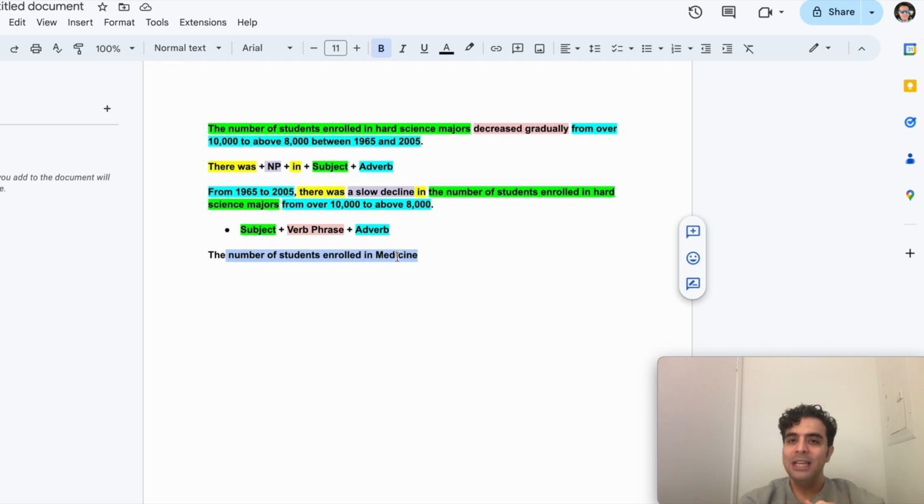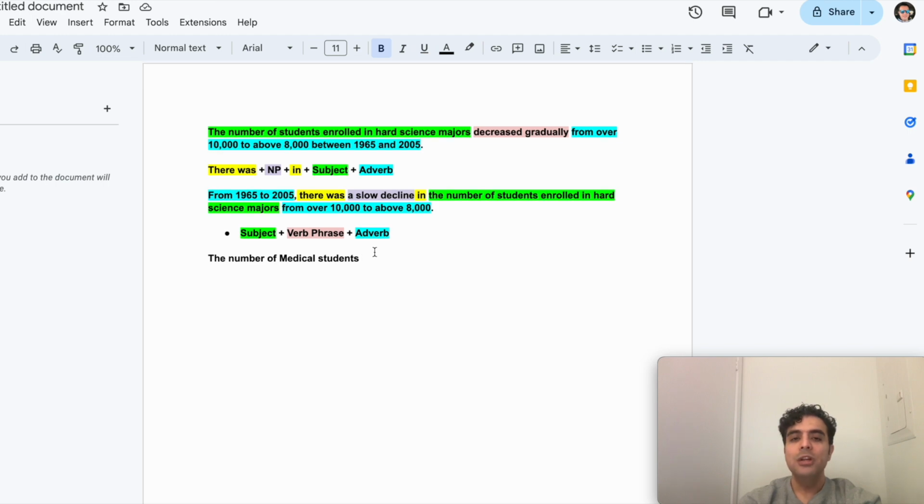So sometimes the category is mentioned after the noun. So students enrolled in medicine. Enrolled in medicine is the post modifier explaining the noun. Sometimes you treat it as an adverb. So instead of saying the number of students enrolled in medicine, you could say the number of medical students.